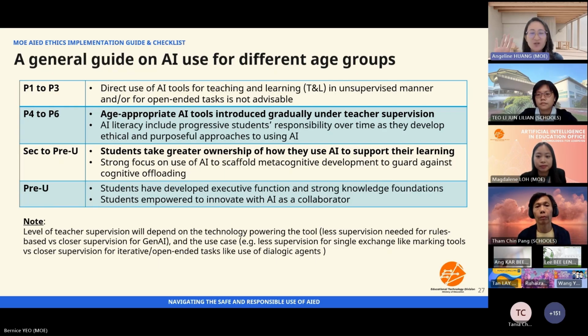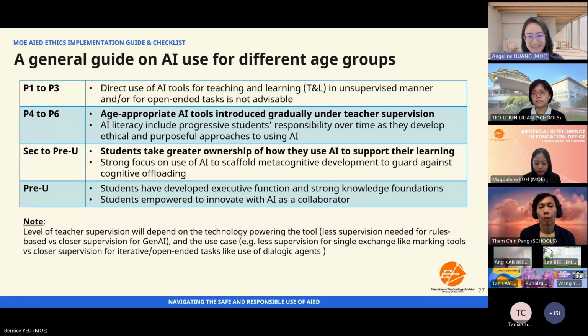That is also because generative AI works because of the huge database upon which the AI is trained, and many of this data is meant for much older students. Because of that, the system will need to go through certain cleaning of the data and additional scaffolds in order for the generative AI tool to be used appropriately by the students.